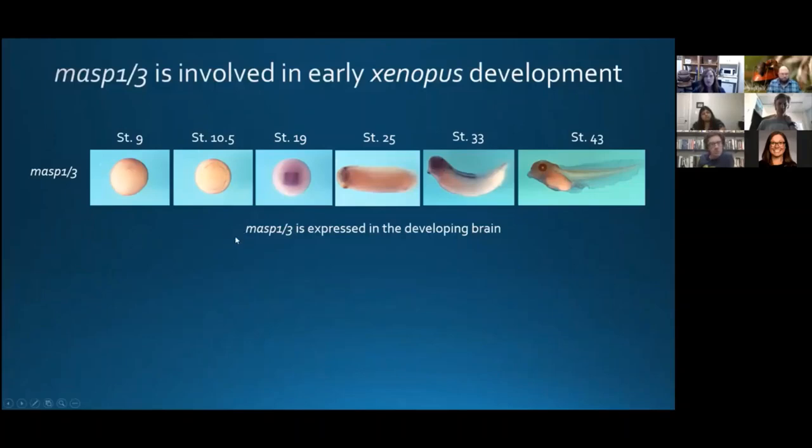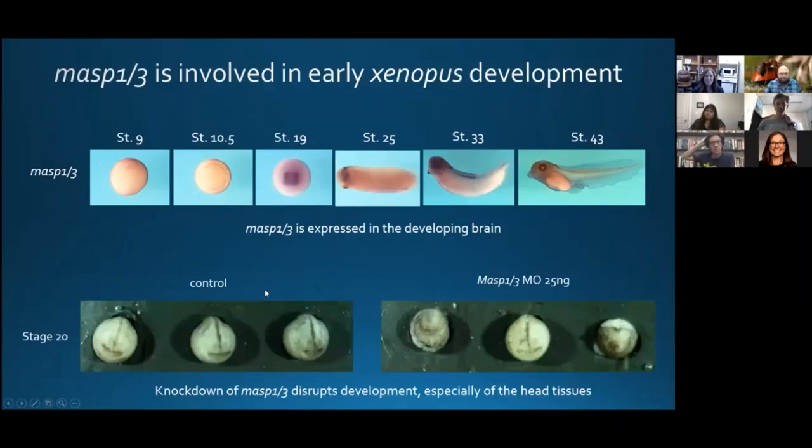So what we found was that MASP1-3 is expressed in the developing brain region, starting at the very earliest stages of brain development and continuing on throughout brain development. Okay, and then we knocked down expression of MASP1-3 in these embryos and found that it does disrupt development, especially in the head tissues.